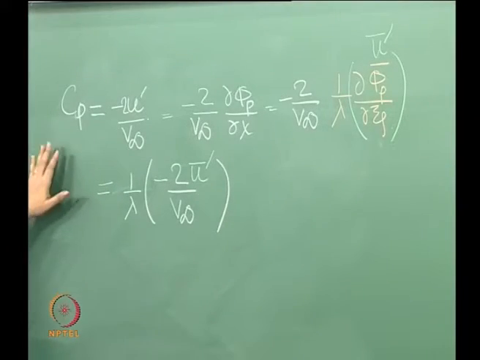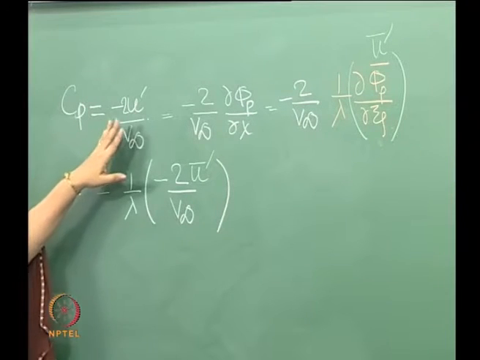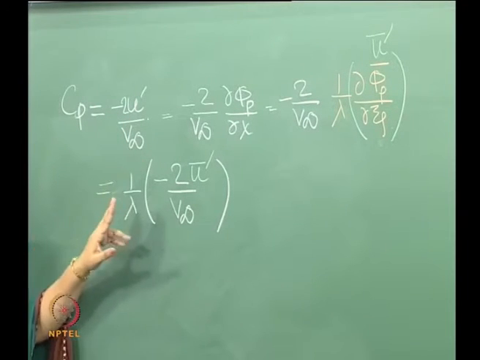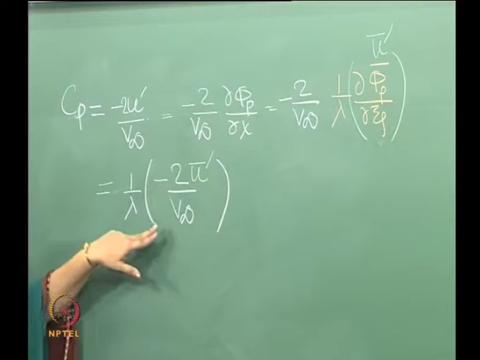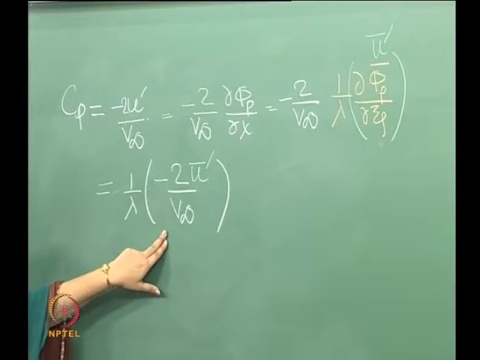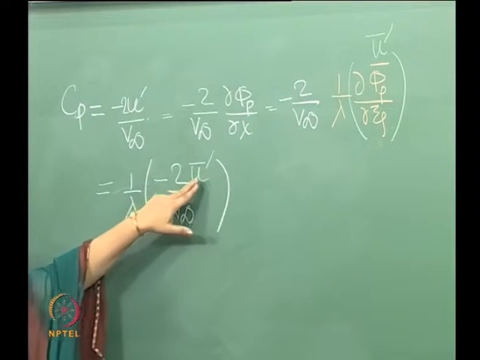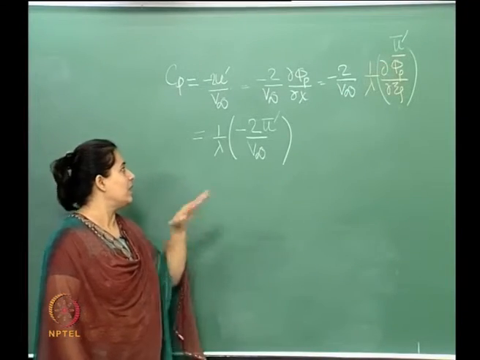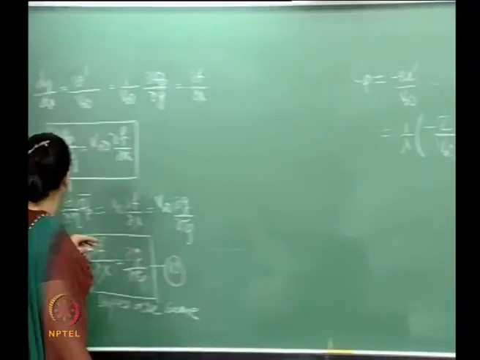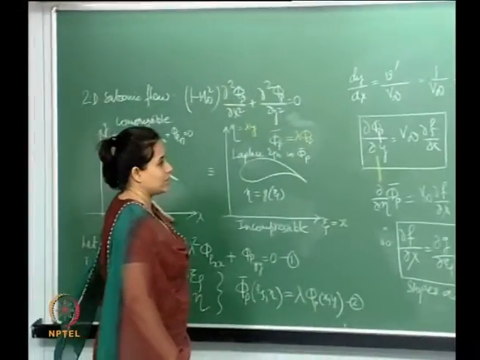So, what we can see here is that Cp, which is minus 2 u dash by V infinity, has the same form here in the transformed coordinates as well, where this is nothing but the perturbation velocity component in the z direction, which is analogous to the x direction, right.